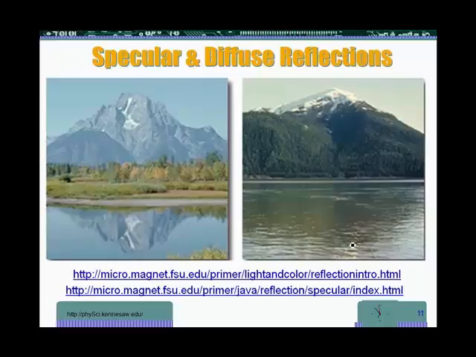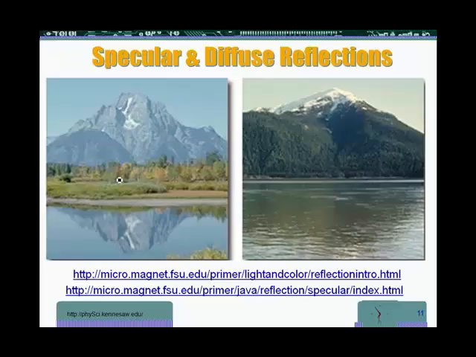Now, one more thing. These pictures here are from this website. You notice the two pictures are not of the same location, but in this one, we have a perfect reflection on the water of the mountain, and the grass around it and so on.